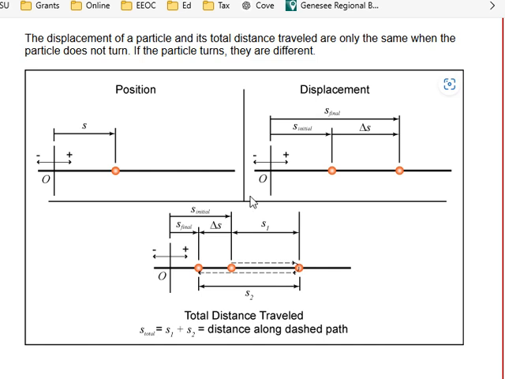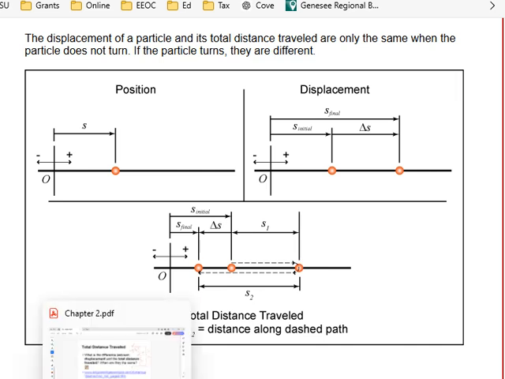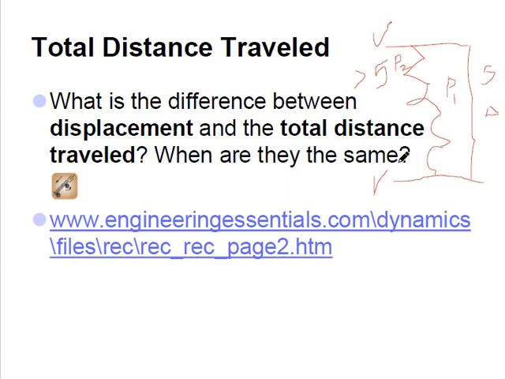Of course, this is a systematic diagram, unlike my wiggly drawing, so this is actually easier for you to understand, because if you're taking a longer path, then this is shorter, and that is the total distance traveled.